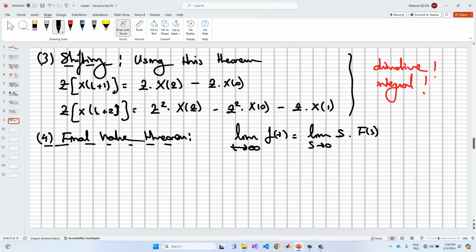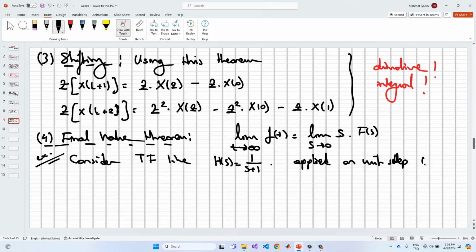This is the continuous time theorem. Okay, and so consider this example in here. Consider a transfer function H(s) equal to 1 over s plus 1, and apply it on a unit step, which is equal to 1 over s.